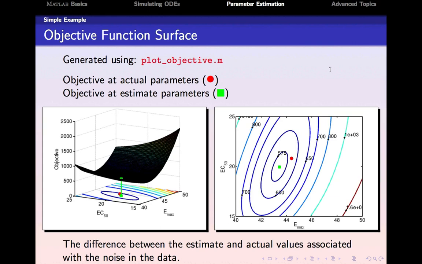This is pretty much as far as we can go in terms of visualizing our objective function, because most of our systems are going to be far more complicated than the 1- and 2-dimensional examples we've looked at so far. In fact, most of our systems are going to have multiple dimensions, but hopefully this explains the mathematics behind parameter estimation and gives you a feel for what objective functions are and how they relate to the parameters that you're trying to estimate.